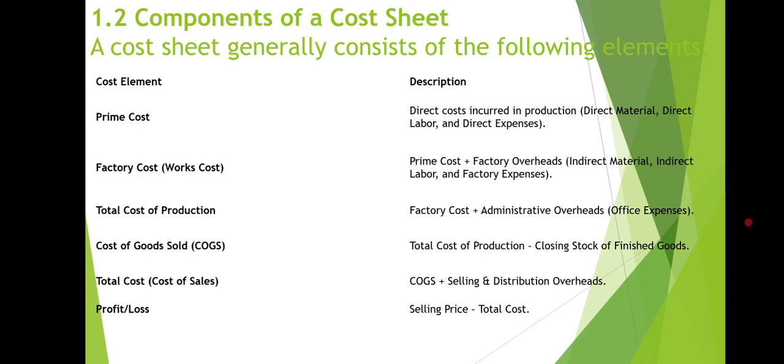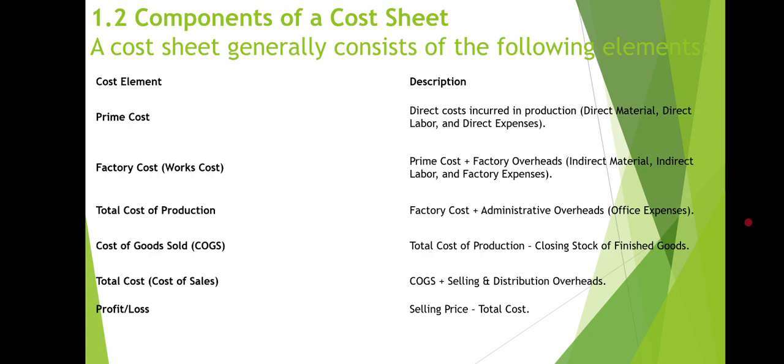Next we have factory cost, which we also call works cost. It is basically prime cost plus factory overheads, which include the indirect material, indirect labor, and factory expenses. Okay, and next we have total cost of production. That means factory cost plus administrative overheads. That means office expenses. Next we have the cost of goods sold.